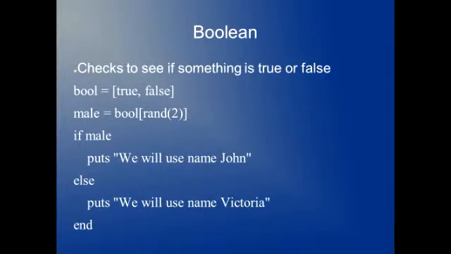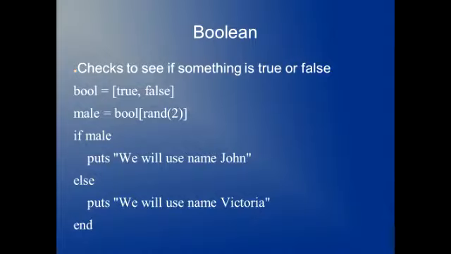Boolean. Boolean data types check to see if something is true or false. It compares values to choose what the program does next. In this example, we set the array bool with true and false. Then we use a random number generator to generate a number of 0 or 1.